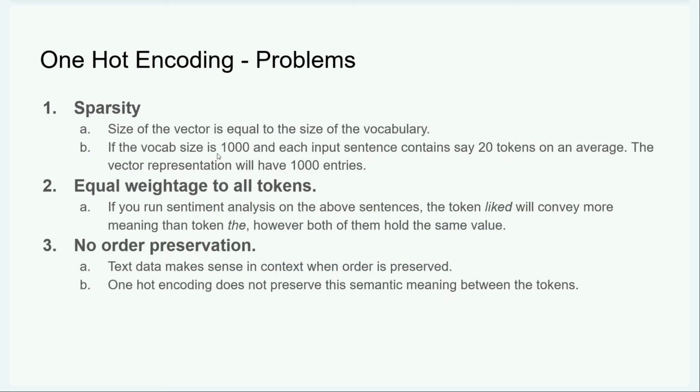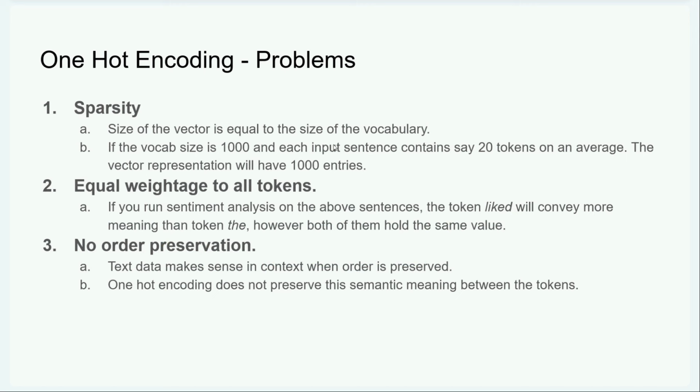Compound this problem: if you have a vocabulary size of 1000 tokens and each input sentence contains only 20 tokens on average, you will have a vector of 1000 components where only 20 components contribute, and the other 980 don't contribute anything. So that is one of the problems. Why is this a problem?